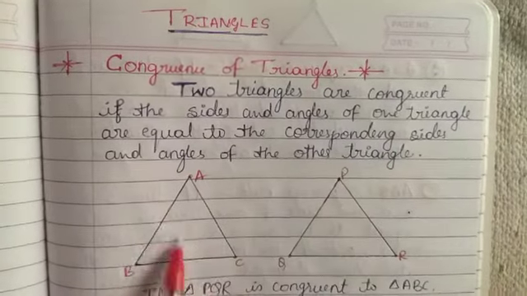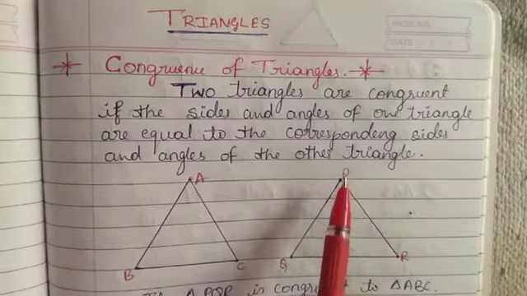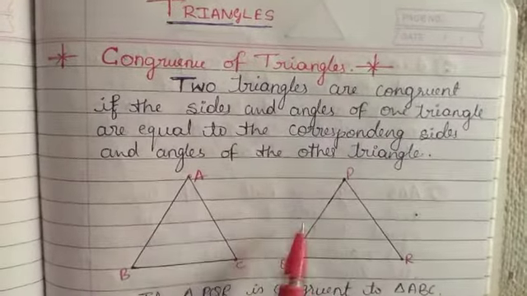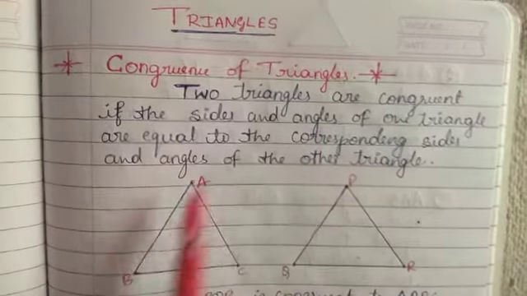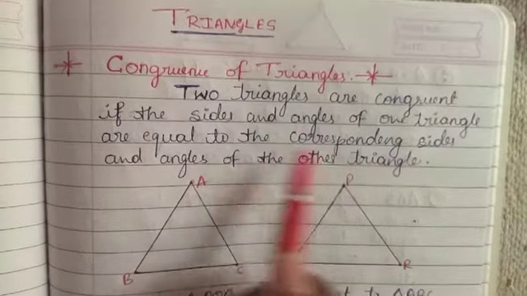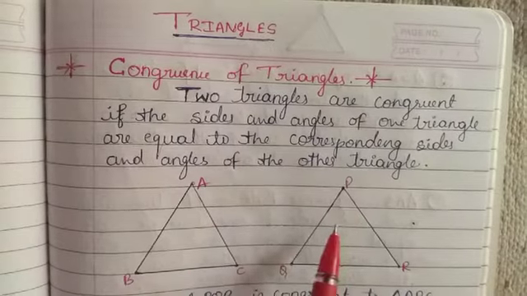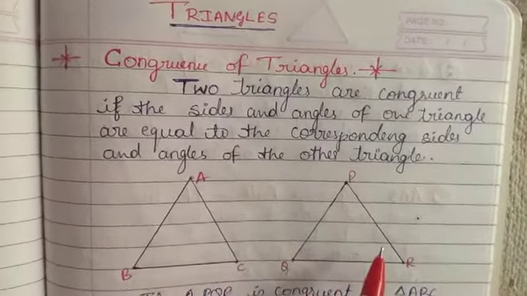Suppose I have two triangles, one is ABC, another triangle is PQR. When I say these two are congruent, then only the sides and angles of one triangle are equal to corresponding sides and angles of the other triangle. Then only I can say ABC is congruent to PQR.